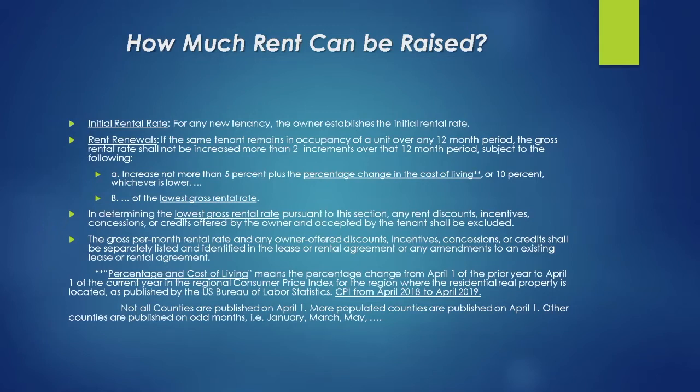In determining the lowest gross rental rate pursuant to the section, any rent discounts, incentives, concessions, or credits offered by the owner and accepted by the tenant shall be excluded. And then the gross per month rental rate and any owner offered discounts, incentives, concessions, or credits shall be separately listed and identified in the lease or rental agreement or any amendment to the existing lease or rental agreement.